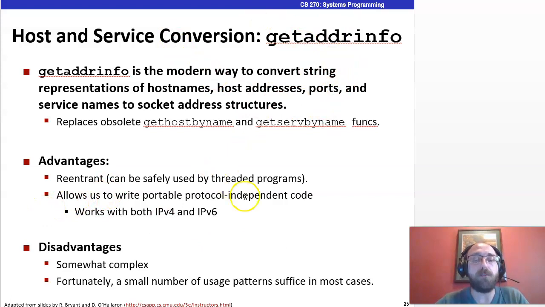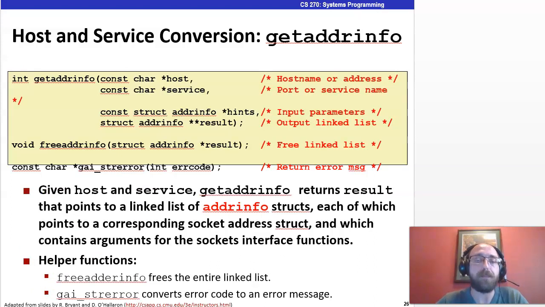getaddrinfo is pretty complicated. Fortunately, there are just a few different usage patterns that will handle most of the cases you need, hence those wrapper functions provided in the CSAPP library. So getaddrinfo, you can look at the man page for it for more information, but it takes several things.